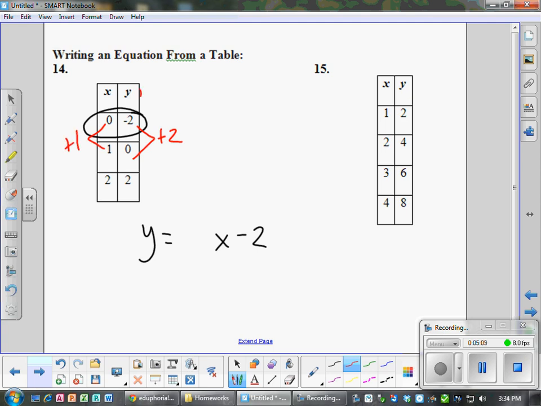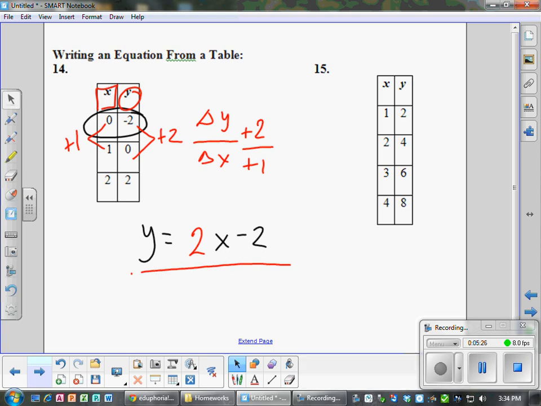The change in my y over the change in my x lets me know that I have a positive 2 over a positive 1, which gives me a slope of 2. And this is my equation of that table. Please model the same type of thing for number 14.